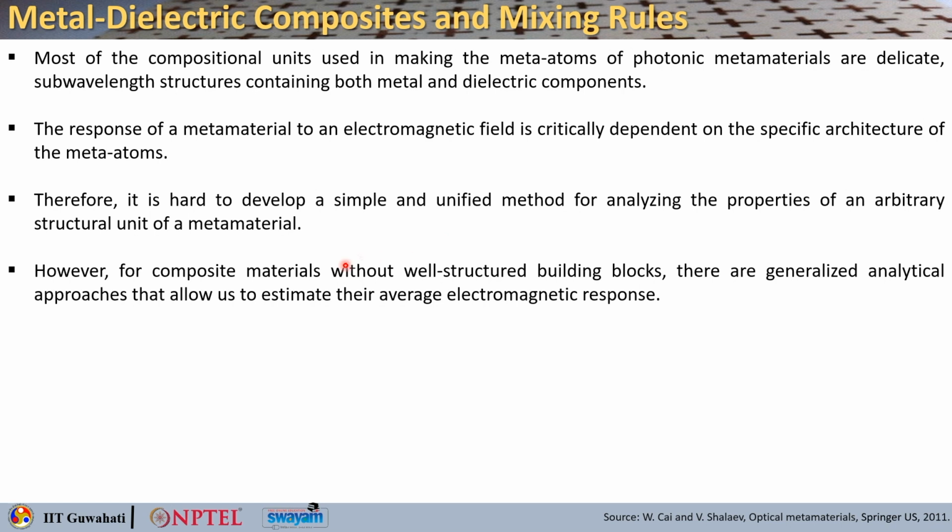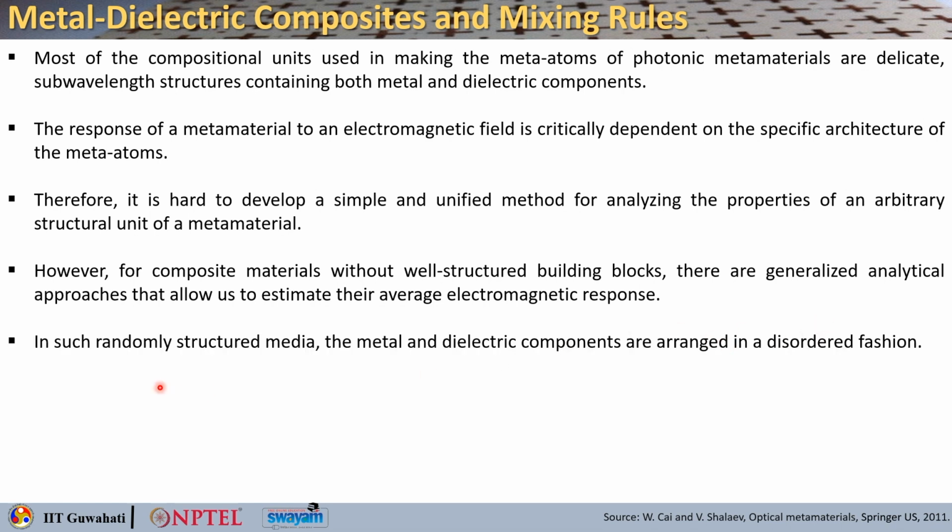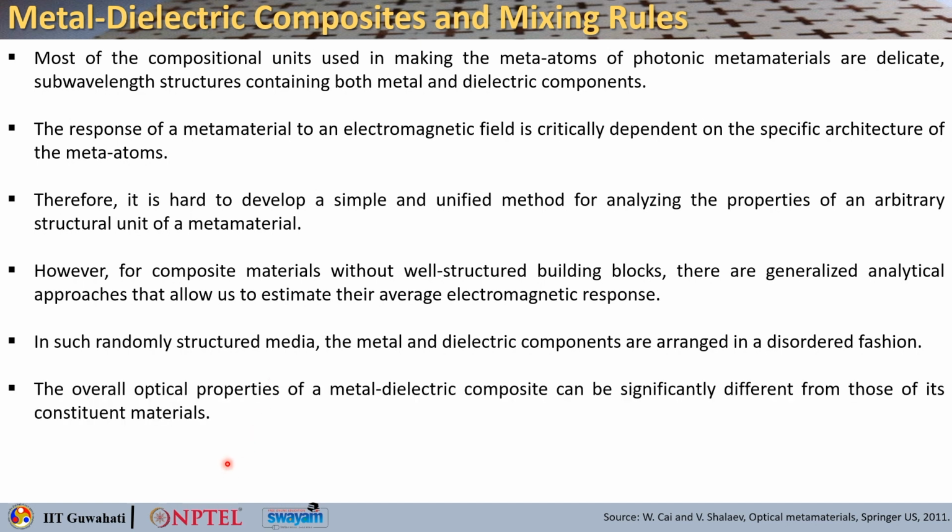However, for composite materials which do not have well structured building blocks, you can use some generalized analytical approach that will give you the luxury of estimating the average electromagnetic response. In such randomly structured media, the metal and dielectric components are arranged in a disordered fashion.